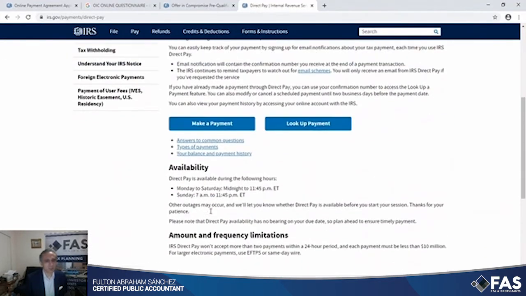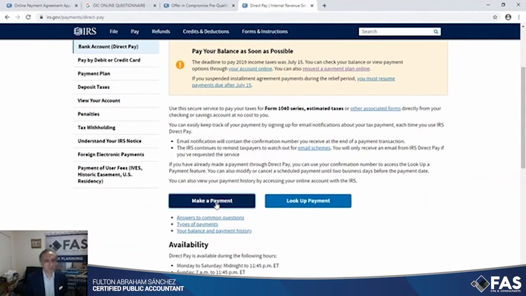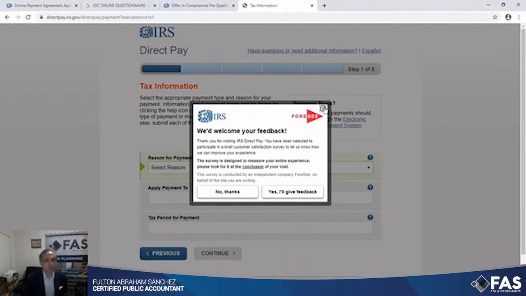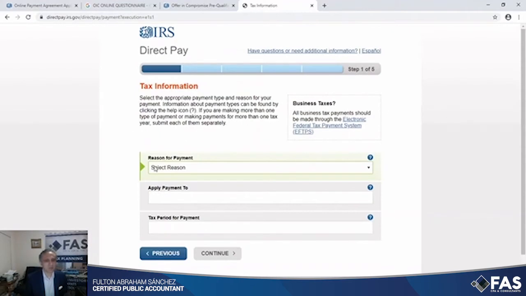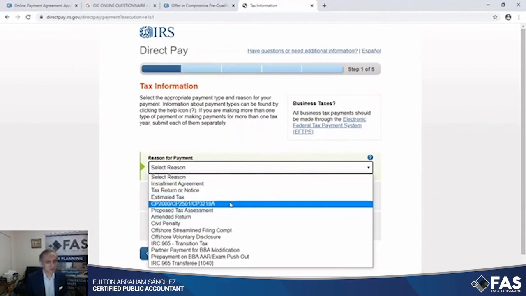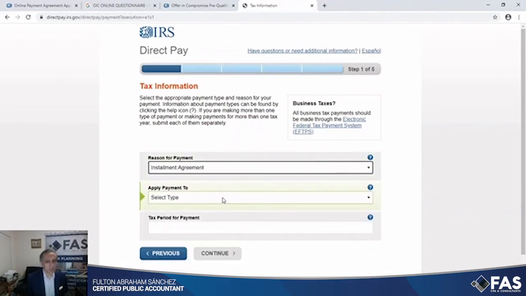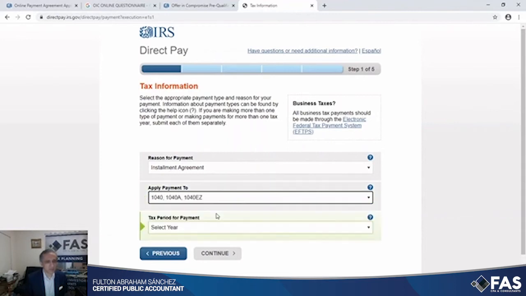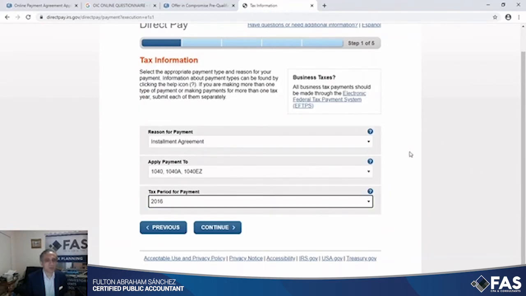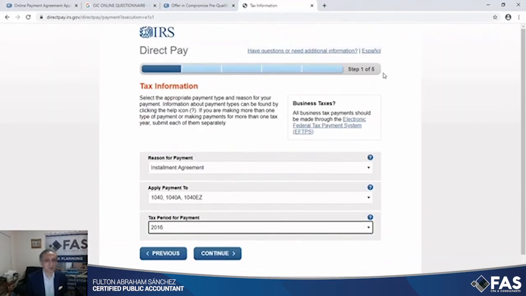So here you will need to make a payment, and you need the information from your tax return. We will not go beyond this because this is an official website, but you need to select the reason. For example, this is an installment agreement, so you need to put installment agreement, and to pay 1040. They will also need your year, in this case 2016. There are 5 steps.